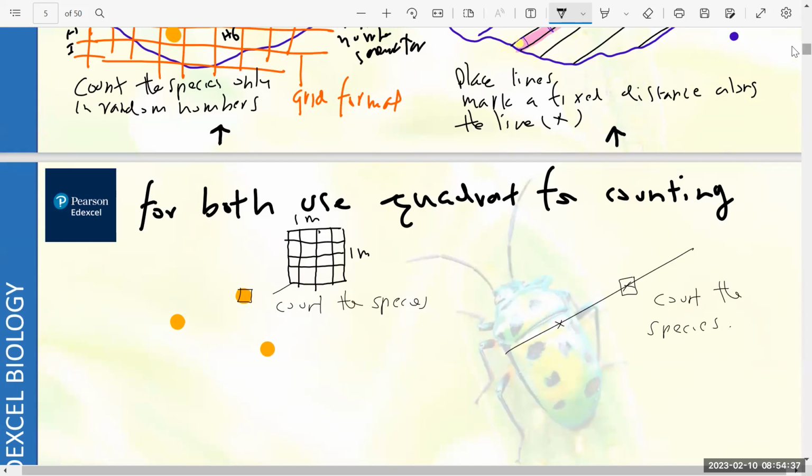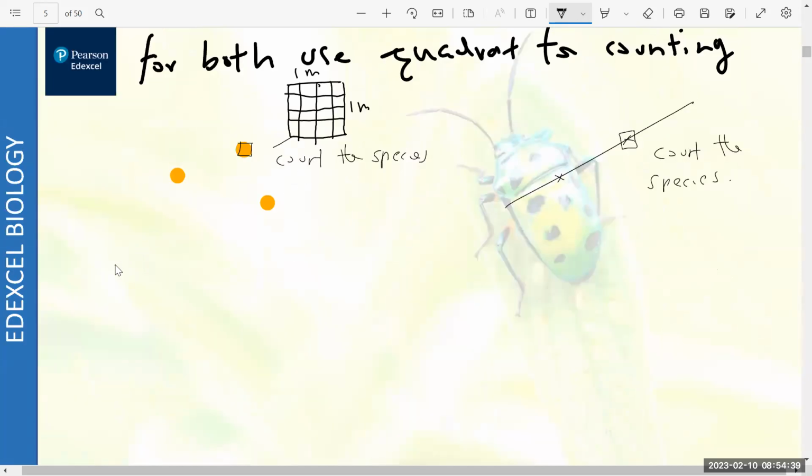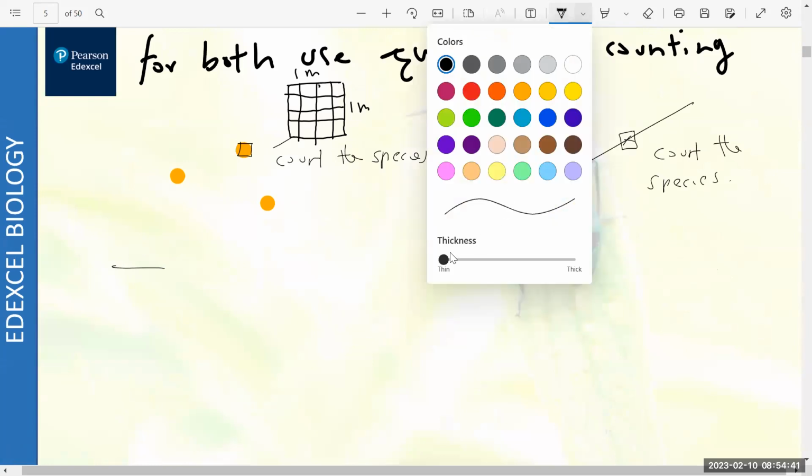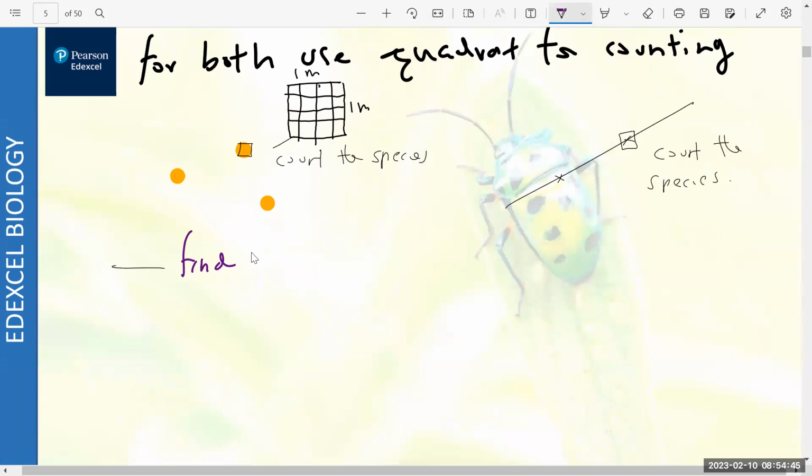So after counting, get the mean value. Find the mean value to find the total.